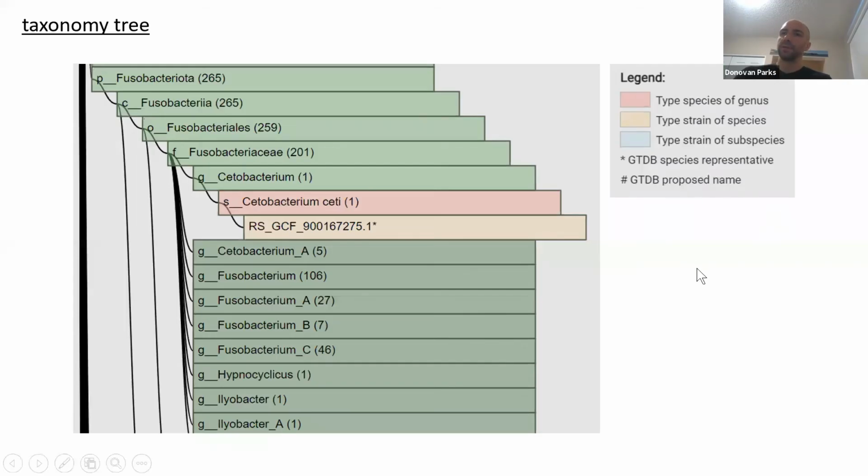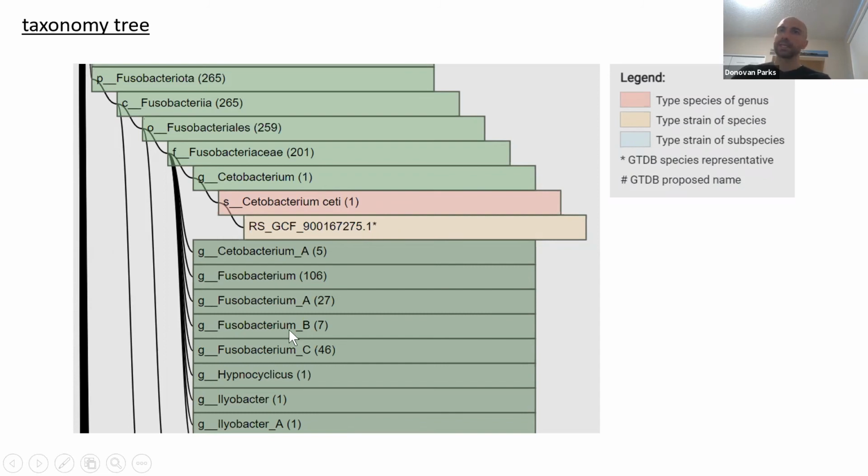Now we have a few different views of the GTDB taxonomy. We have the standard hierarchical tree view, where we point out specific information relating to type material, whether or not something is the type strain of a species, the type species of a genus, whether or not a genome is the genome we selected to represent that species.